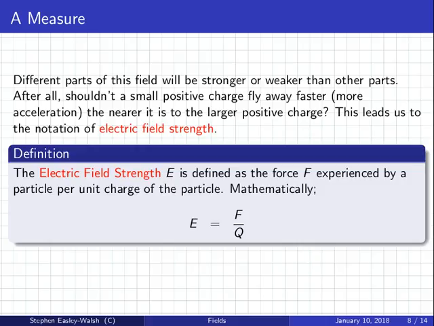If you put a little particle of charge Q in the field and it feels a force, it gets pushed or pulled. Then the strength is the force divided by Q. It's the force per charge, in newtons per Coulomb.